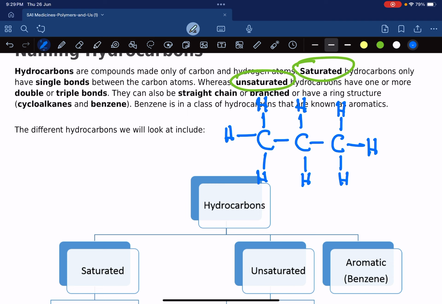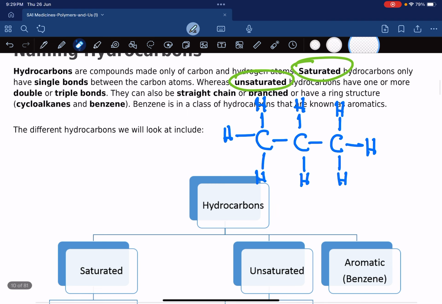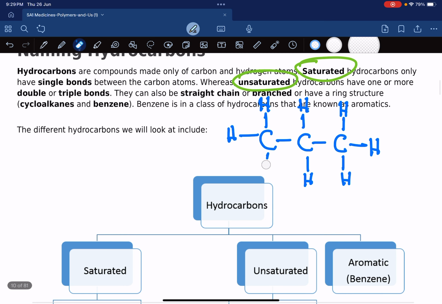But when you see a hydrocarbon, let's say if we remove these hydrogens here and you see a double covalent bond anywhere in the structure, then we call it unsaturated. Which means that there is a double bond between carbon. There can be one double bond, it can be two, three, four.